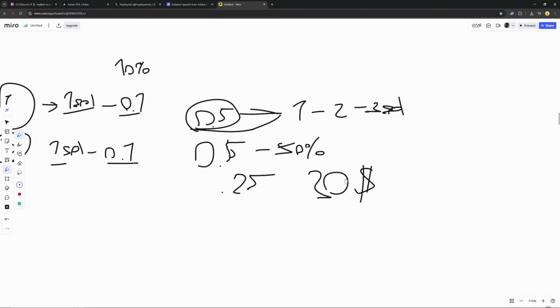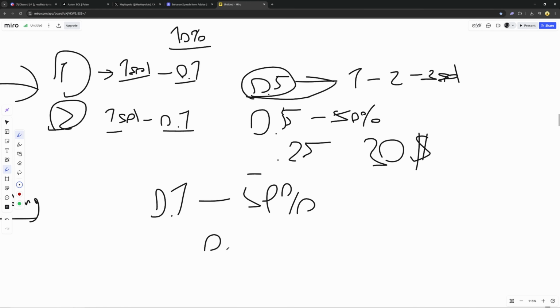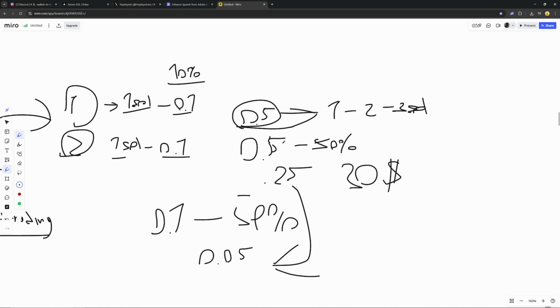And now let's compare that to proper risk management, which will be 10% of your portfolio, which is 0.1. Basically, you go down 50%, you lose only literally 0.05, which is what, like 5 times less than this amount right here. So you see how you can make more money over here, but you can also lose more money.